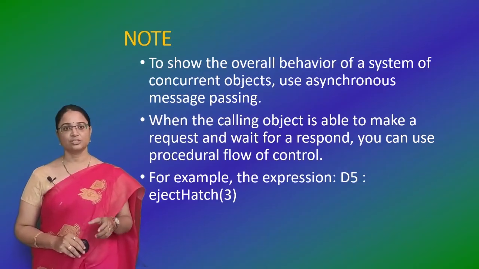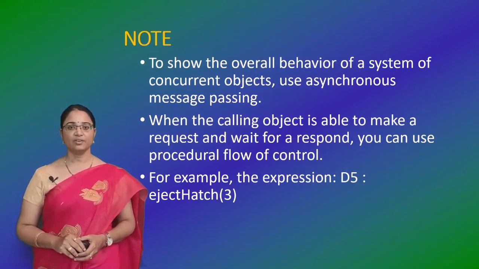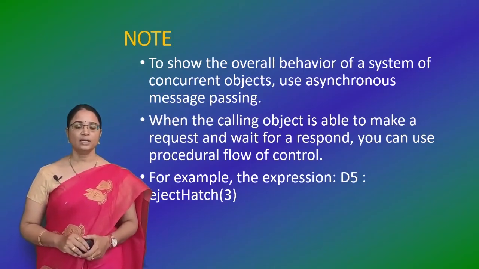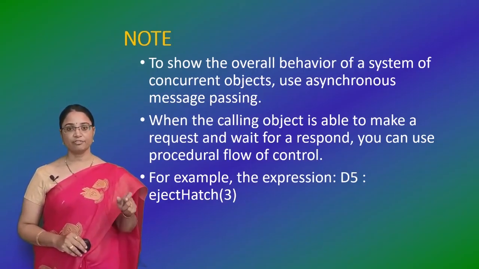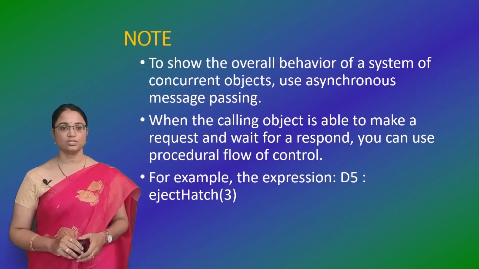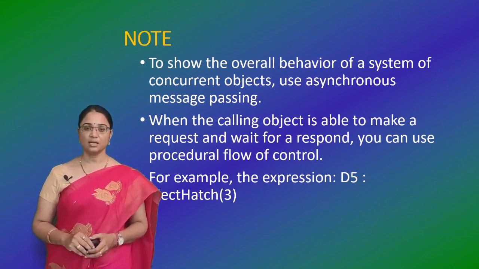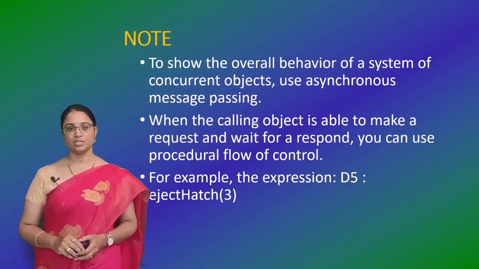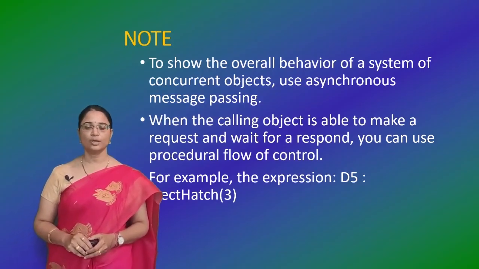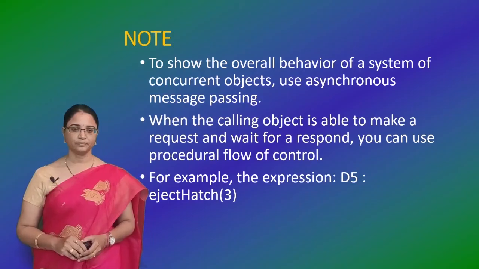This eject hatch is dispatched with an actual argument 3, and the message is the fifth message in the sequence d1, d2, d3, d4, d5. d5 indicates the fifth message in the sequence rooted by the process or thread named d. This is how you identify the message and know the sequence of the messages.